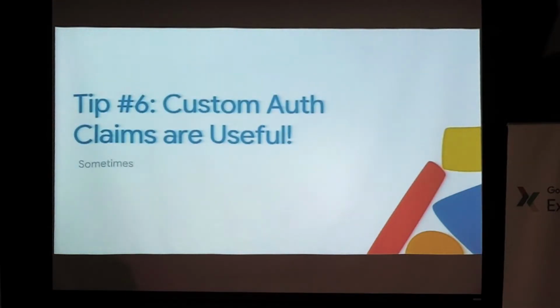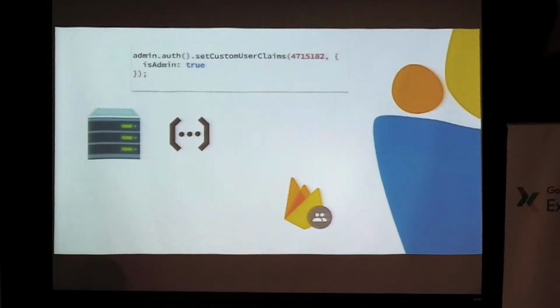Okay, tip number 6. Custom authentication claims are useful. What does this mean? Okay, if you remember at the beginning of the presentation, we had that big chunk of data about the authenticated users that were also hashed in our checksum at the end. You can actually put your own stuff in there.